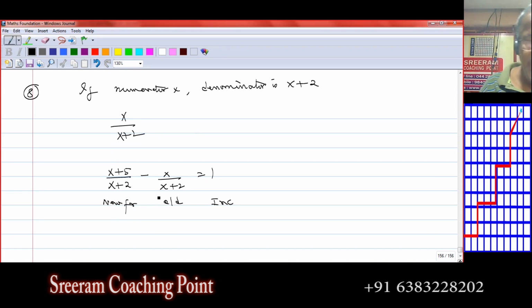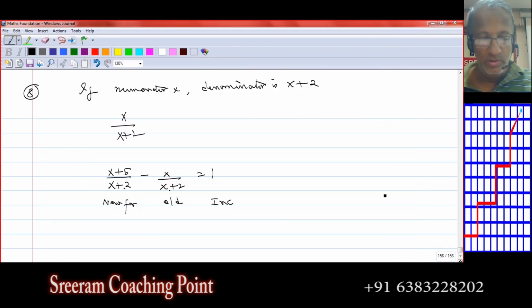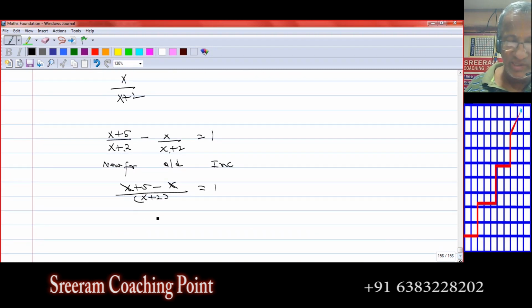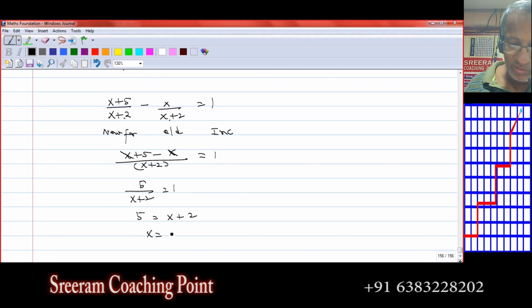So I find 1 by x plus 2 is common to both. X plus 5 minus x equal to 1. X and x getting cancelled. Now it is 5 divided by x plus 2 equal to 1. So 5 equal to x plus 2, x equal to 3.